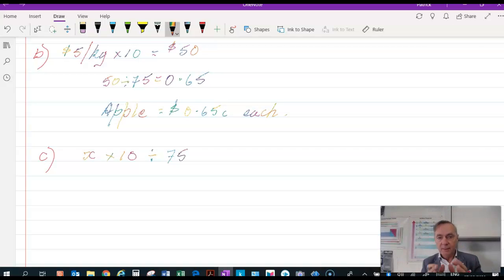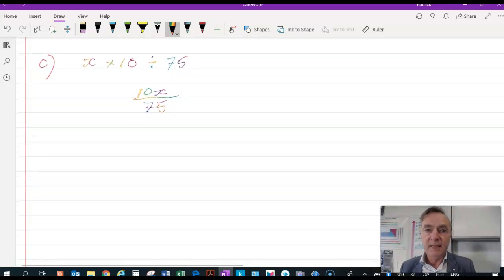In algebra, as I said at the start of 4E, we write our algebra terms when we divide them in fractional form. So that becomes 10x divided by 75. And we just reduce it down, we simplify it.